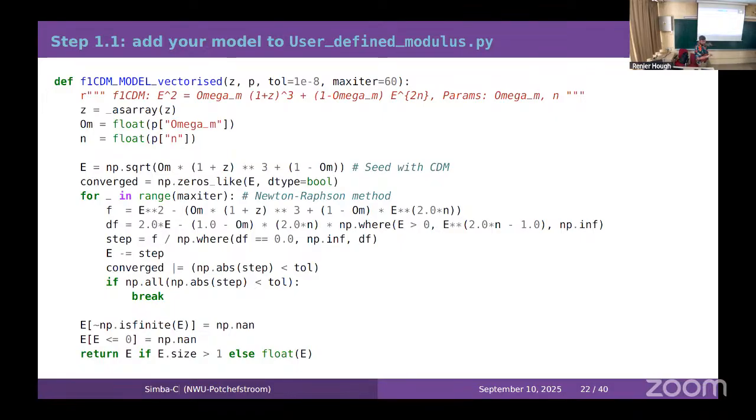First, your model. You have to introduce it into the code. Think of the cosmology code as a library where each book is a different model, and you take your model and put it in the library. It looks complicated, but if you look at the details, it's only your free parameters, and then F, which is basically your equation: the left-hand side minus the right-hand side equals 0, which you're trying to minimize, and the first-order derivative.